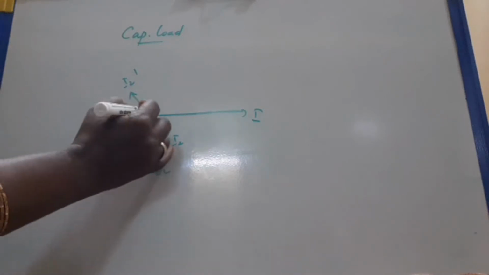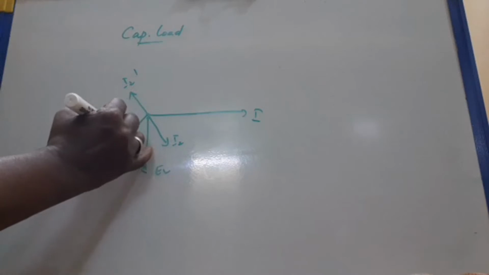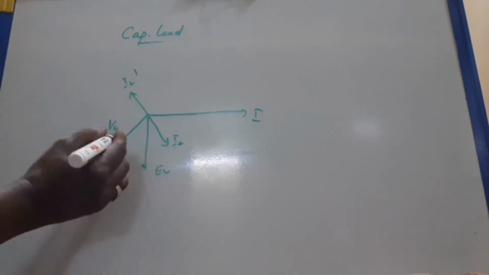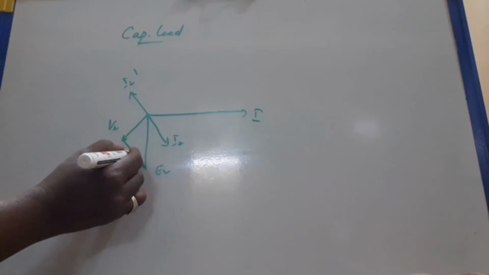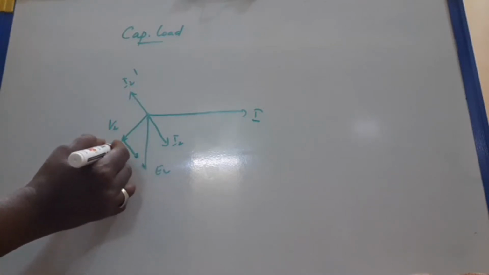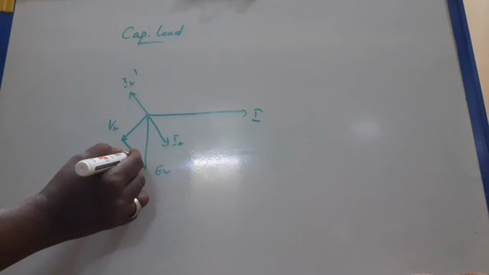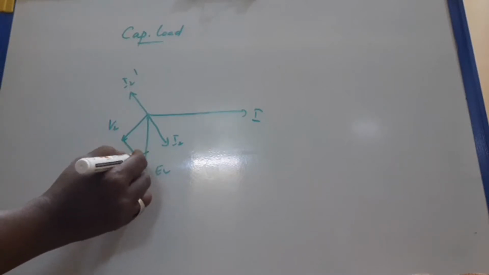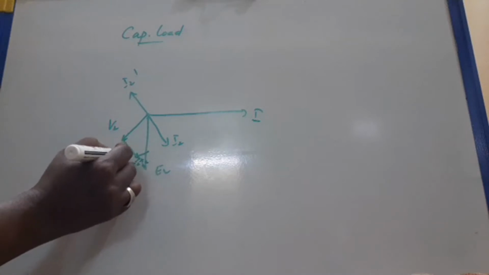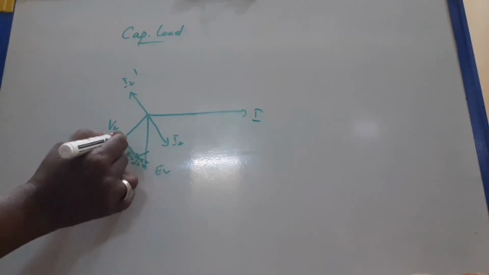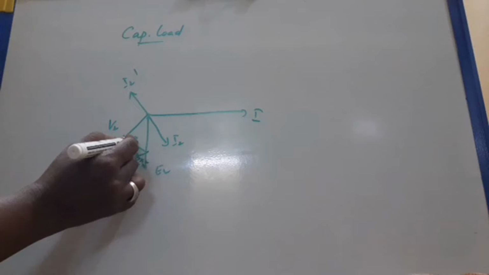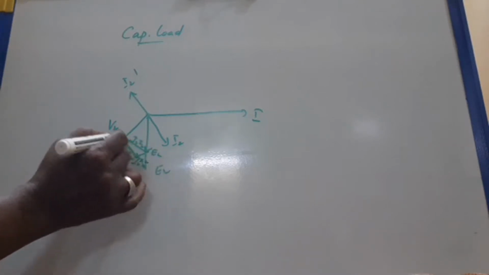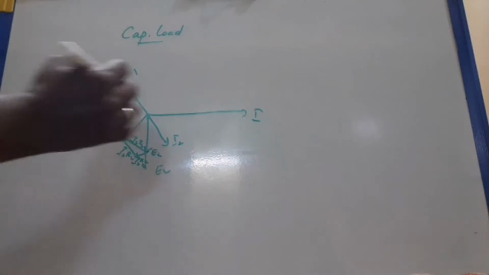From V2 you have to draw the direction of I2 R2. Perpendicular to that will be I2 X2. Then joining this gives I2 Z2. So E2 minus I2 Z2 gives V2.